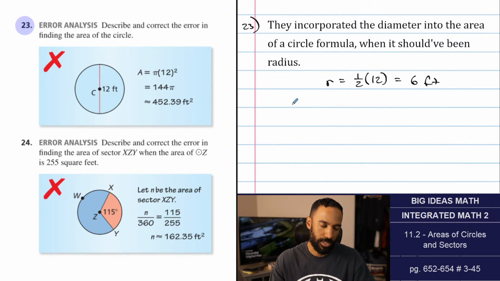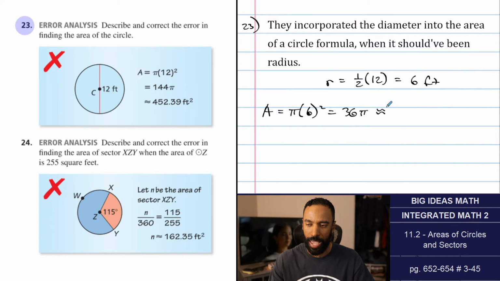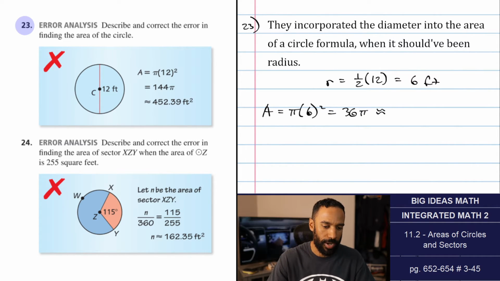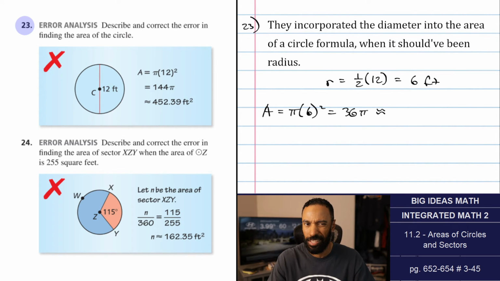Because you're squaring 6, you get 36 instead of 144. It's 4 times smaller. So area is pi times 6 squared, which is 36 pi. I don't know if we actually saw that number before, but I'm going to use it right now. I said around 113.9 something. Whoops, it's typed 6 pi. 36 pi.